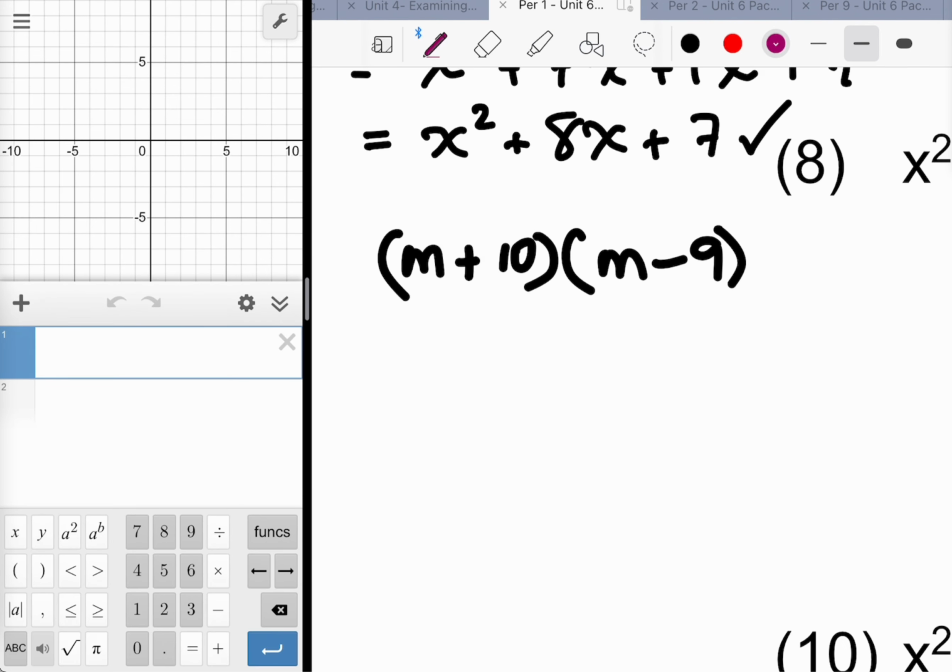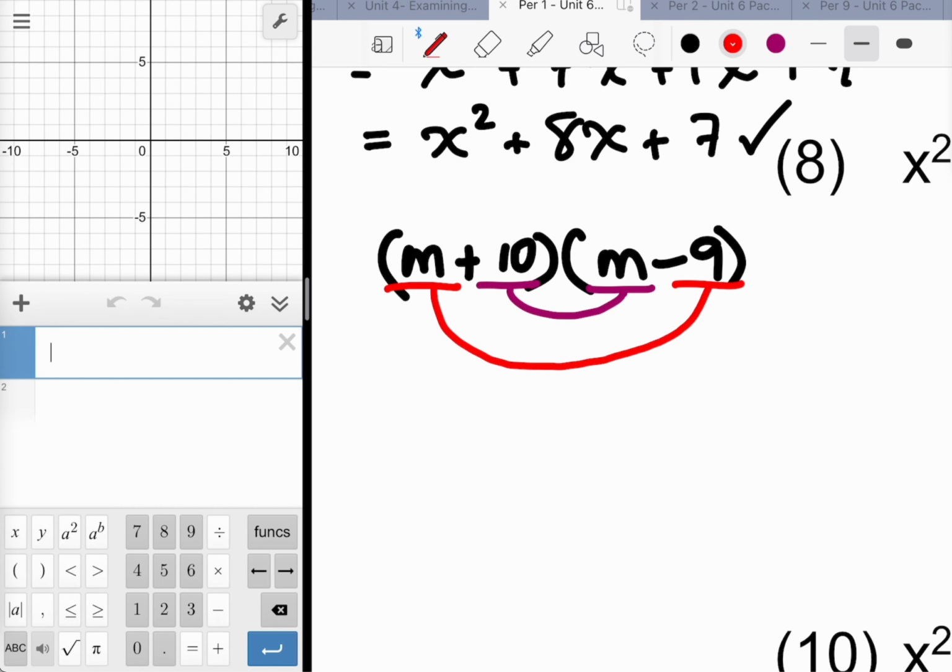The only real concern would be the other computations, which would be the 10 multiplied by the m, the m multiplied by the negative 9. All right. These two products should give you whatever the middle term is.